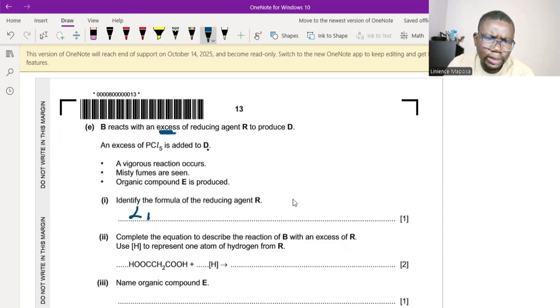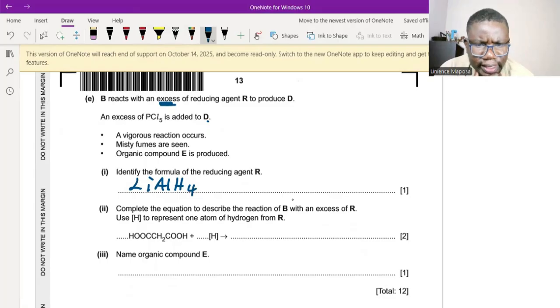So we can use a reducing agent, which is lithium tetrahydridoaluminate. So how do we write it? Yeah, like so, isn't it? So that's a reducing agent. And then complete the equation to describe the reaction of B with an excess of R. So B reacting with R. Like I said, it's going to form a primary alcohol.